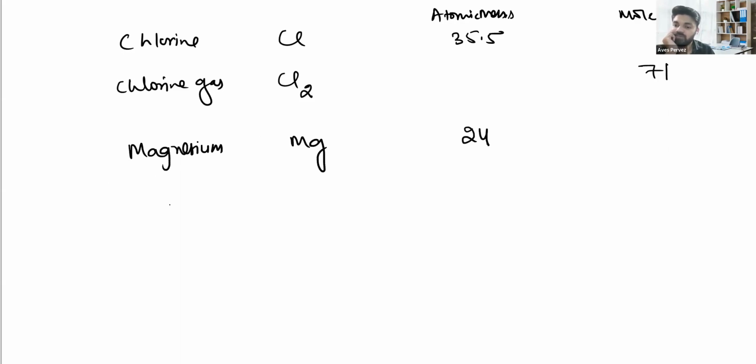Aluminium is Al, and it has mass 27. Does magnesium have 24 electrons in the orbit? No, it has 12. The atomic number of magnesium is 12, but its atomic mass is 24. We'll discuss this one later. Aluminium has 27 mass. Got it?